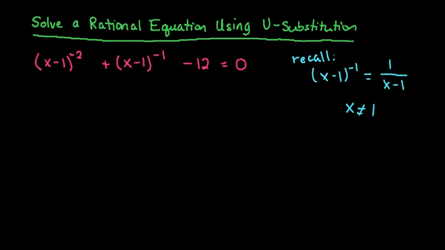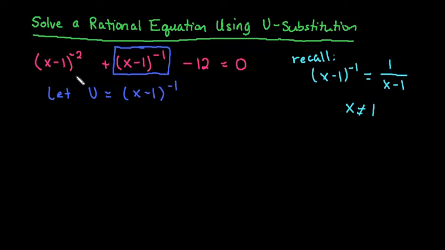With this one, if you look at my middle term right here and I were to square this value, I would end up with the x minus 1 to the negative 2. So what I'm going to do is use a U substitution. I'm going to let u equal x minus 1 to the negative 1 power.